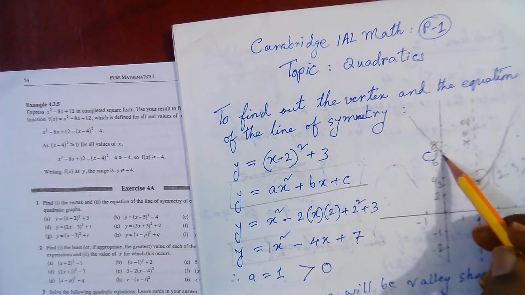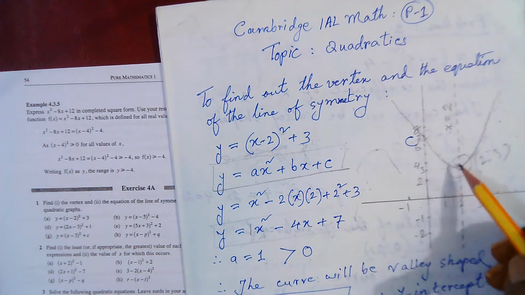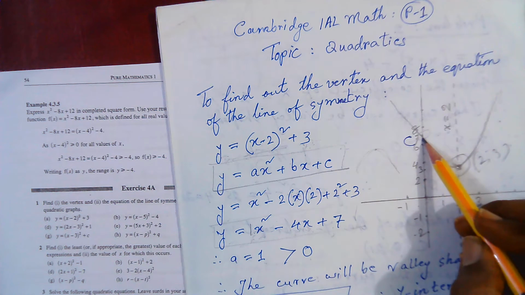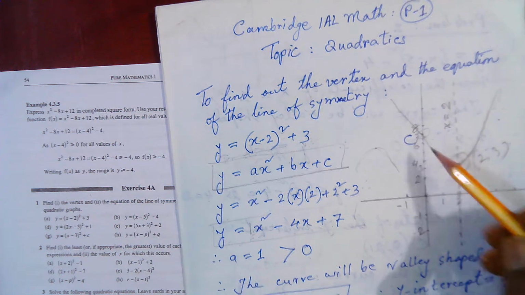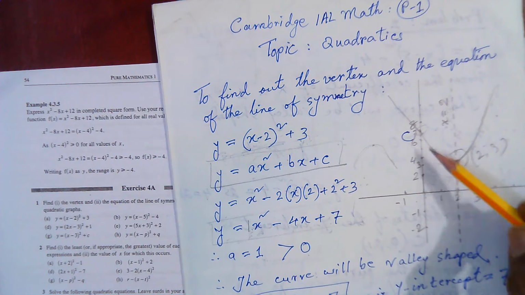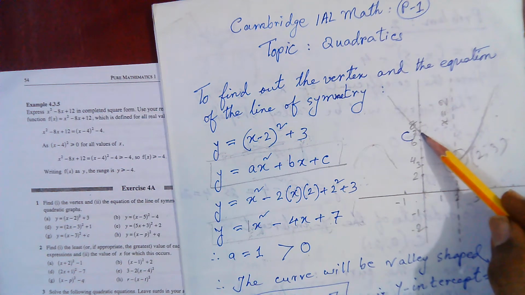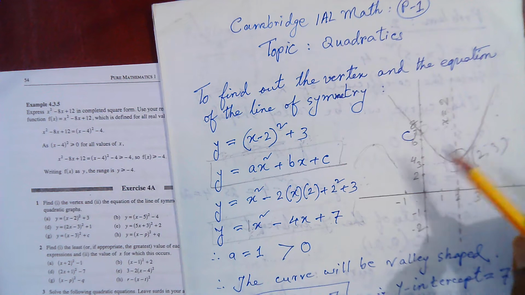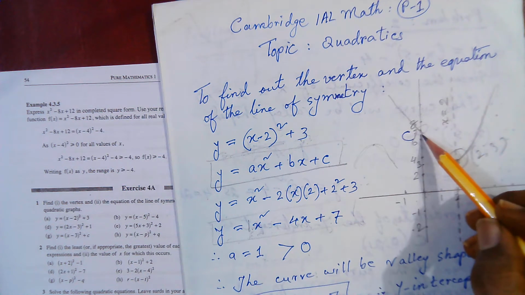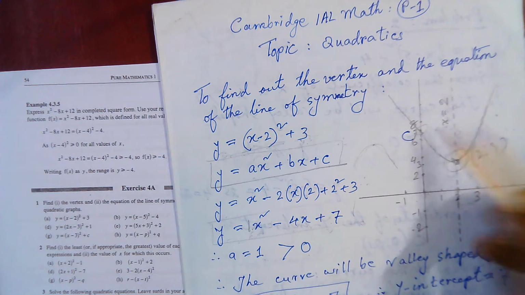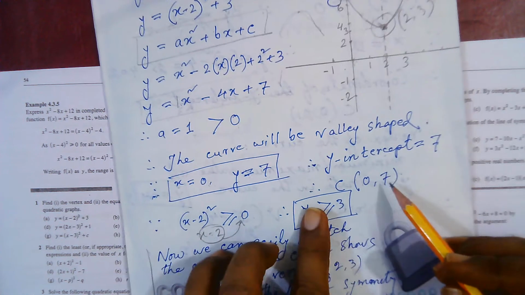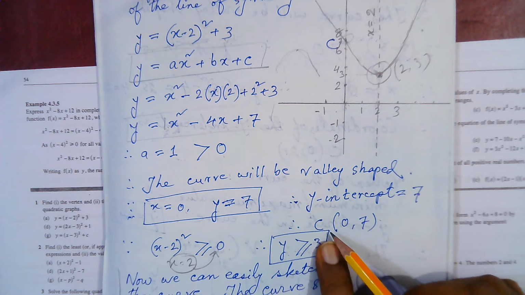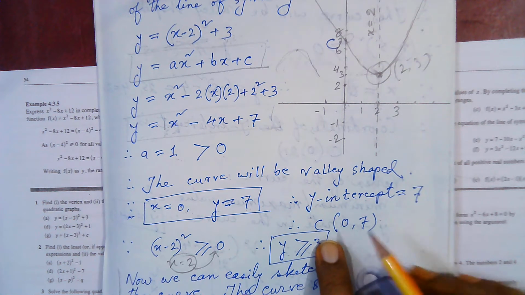Therefore, the crossing point of the curve on the y-axis will be (0, 7). That is, the y-intercept from the origin to the crossing point is 7 units. That is, the coordinate of C is (0, 7). We have written here the y-intercept is 7, that is, coordinate of C is (0, 7).